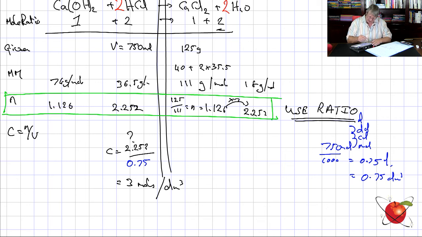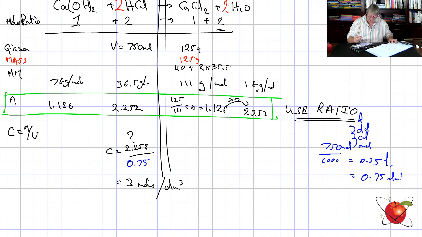Right, let's now go back and fill in the mass. Well, we know we had 125 grams there, correct? Let's work out the mass of calcium hydroxide, Ca(OH)2.